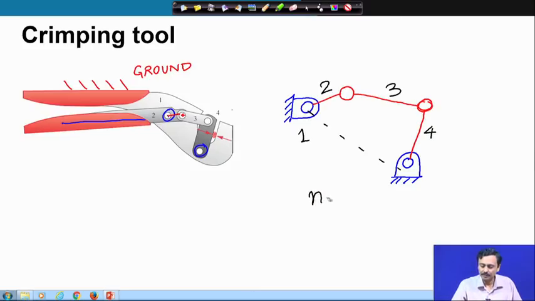So, here number of links is equal to 4. Number of kinematic pairs: this is 1, 2, 3, 4. So, number of joints is also 4. So, that is the kinematic diagram of the crimping tool.